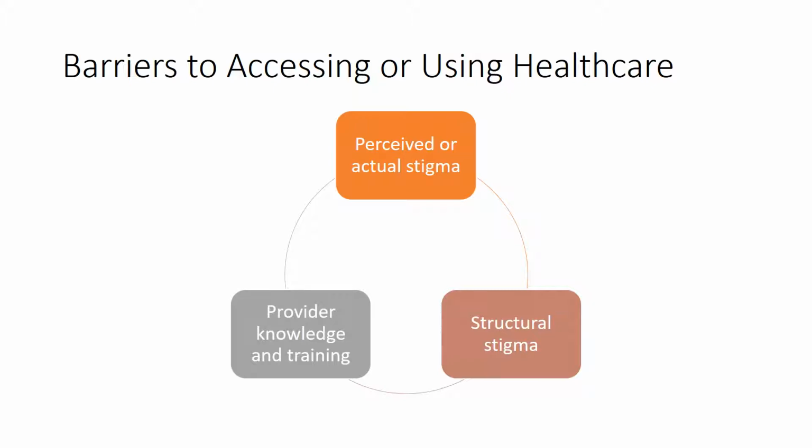And those healthcare services are across the board. In regards to primary care, they visit their primary care provider less often as compared to non-LGBT people. LGBT people underutilize cancer screenings.